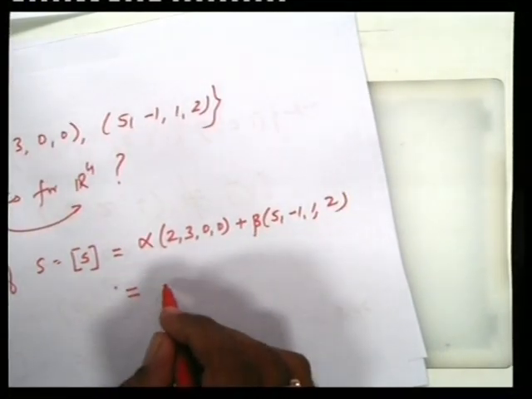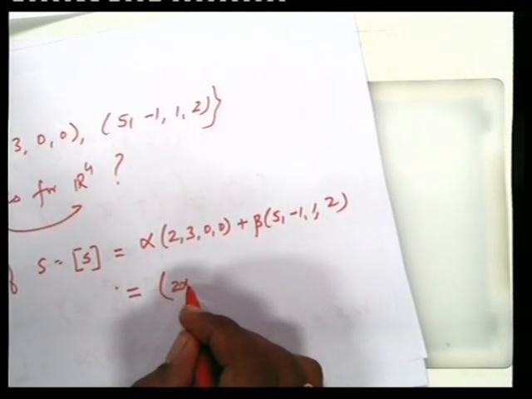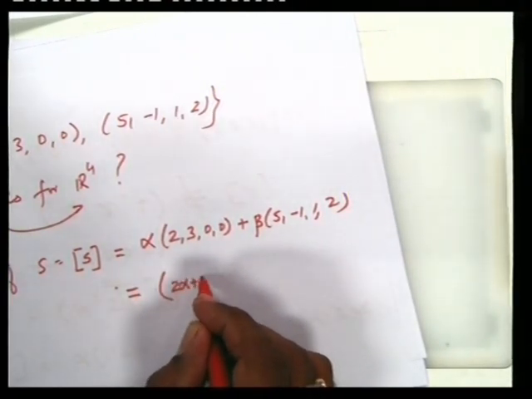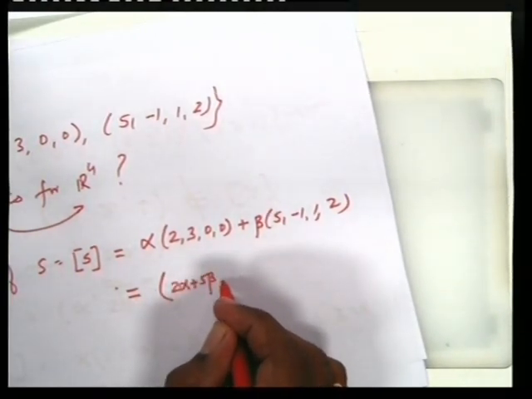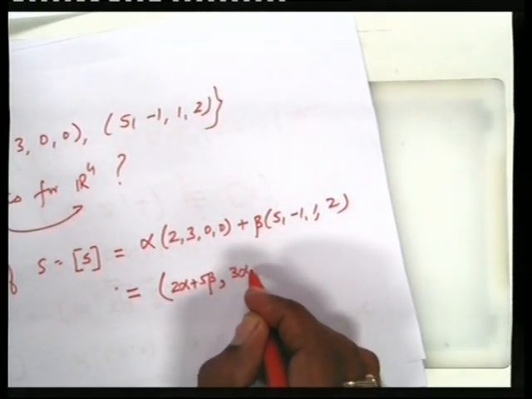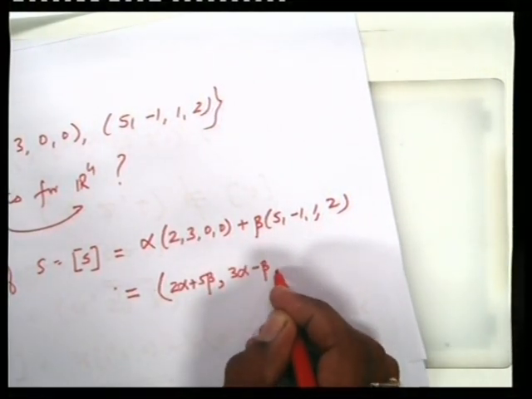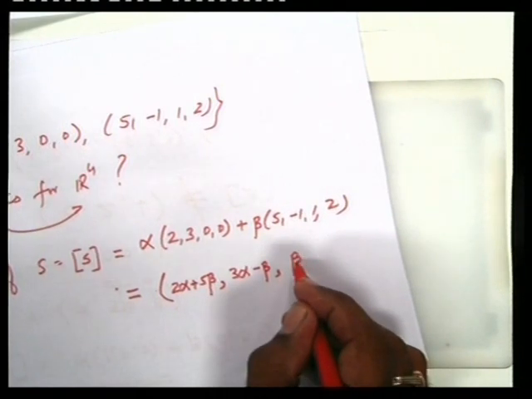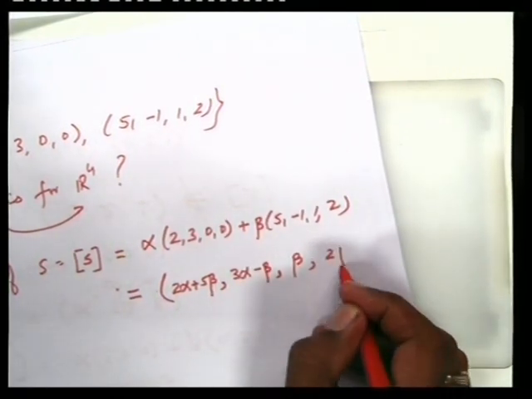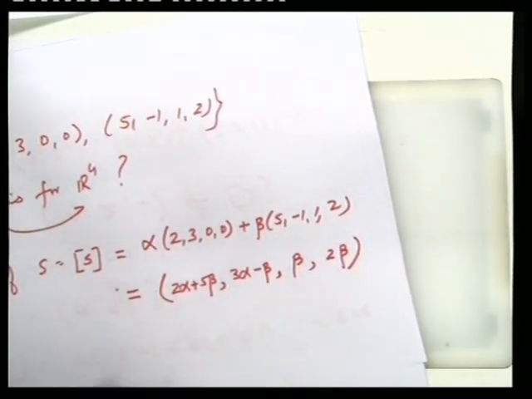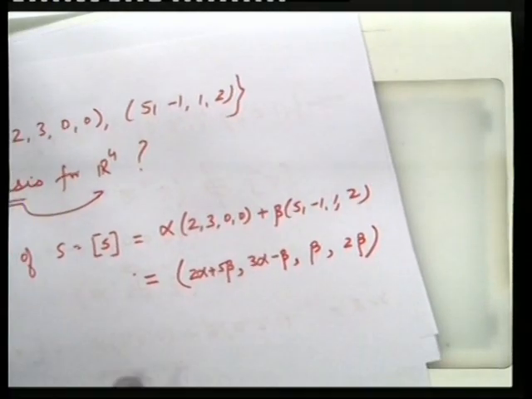So this is 2 alpha plus 5 beta, 3 alpha minus beta, beta, and 2 beta. Now we have to take such a vector which belongs to R4 but not in the span of S.